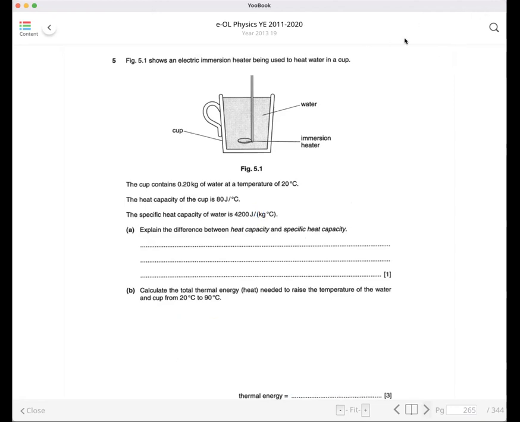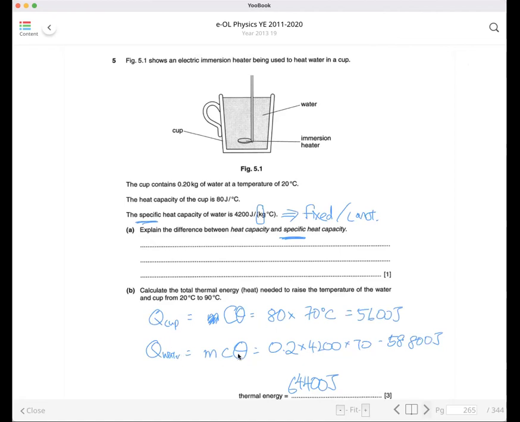Okay, but Bei Kuan, you understand how to use these two formula now? Hello.